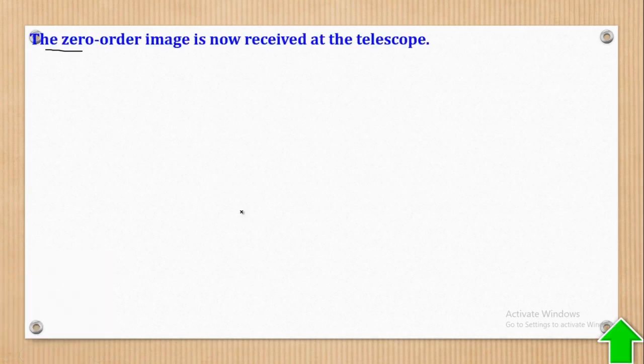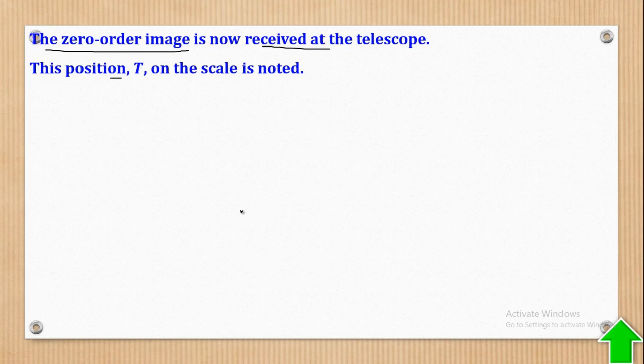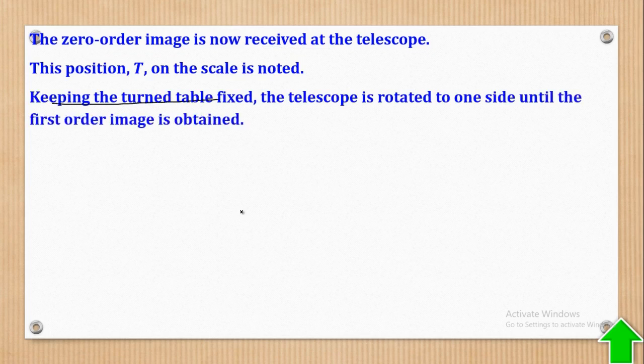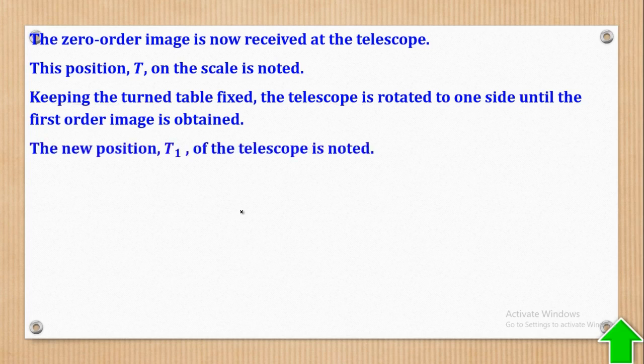So the zero order image is now received at the telescope when it faces the collimator directly, and the position T is noted on the scale. Keeping the turntable fixed, the telescope is rotated to one side until the first order image is obtained. The new position T1 of the telescope is noted.